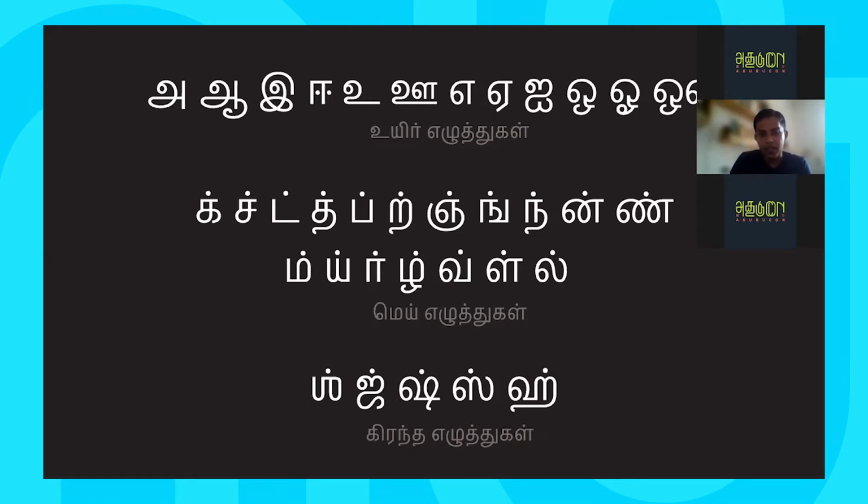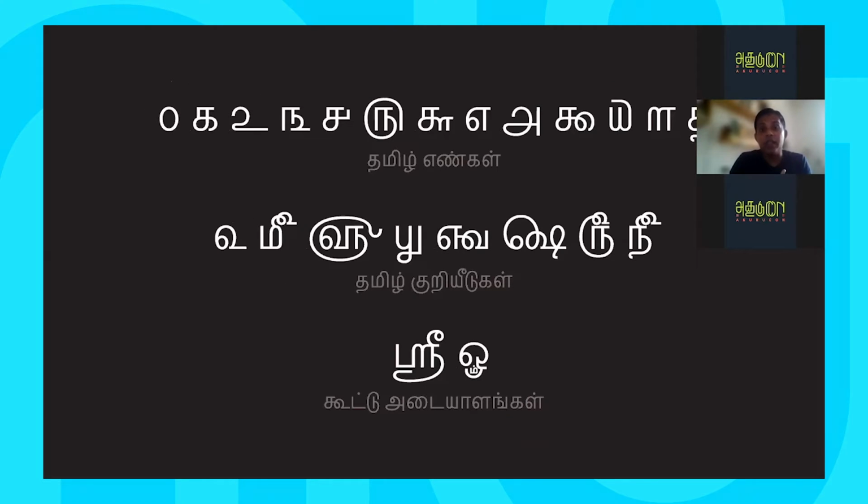There are also Grantha letters, which are not part of Tamil, but have been brought in as a Grantha family to produce sounds not available in Tamil. And there are Tamil numerals, and also symbols, and ligatures, which you can see here in this one.